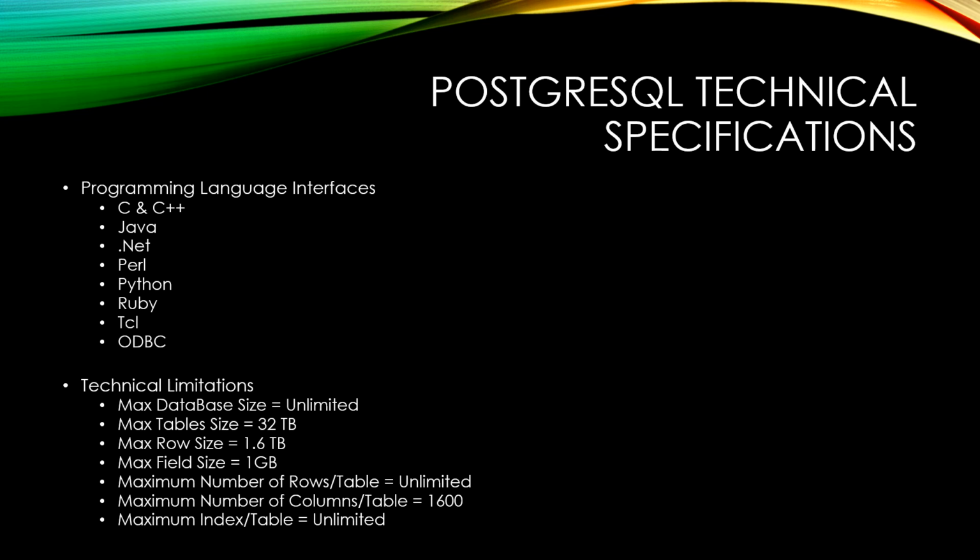Maximum number of columns per table is upwards of about 1600. And then maximum indexes per table is unlimited. So this can be a huge database if necessary, which is one of the main reasons it's very useful to organizations, and another reason why it's so popular.